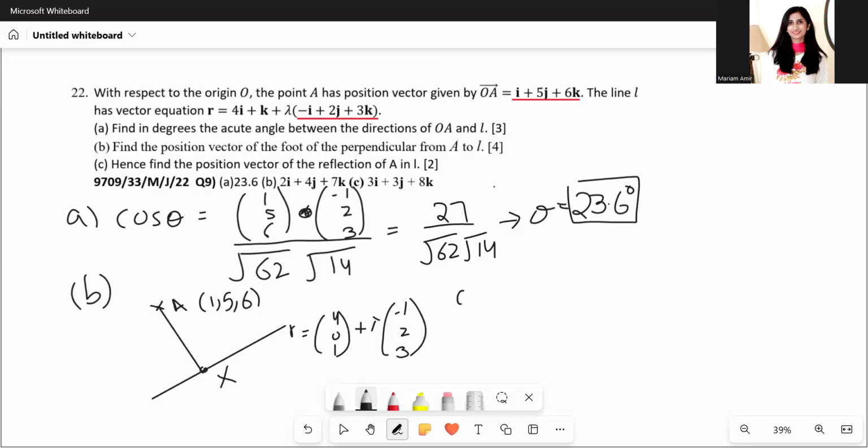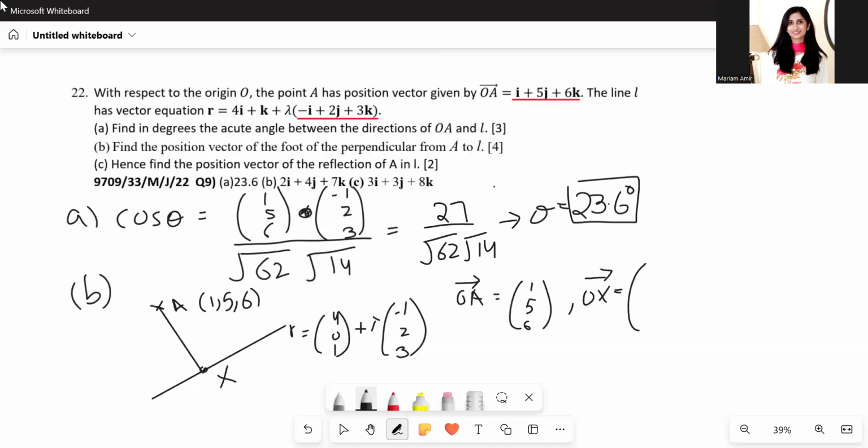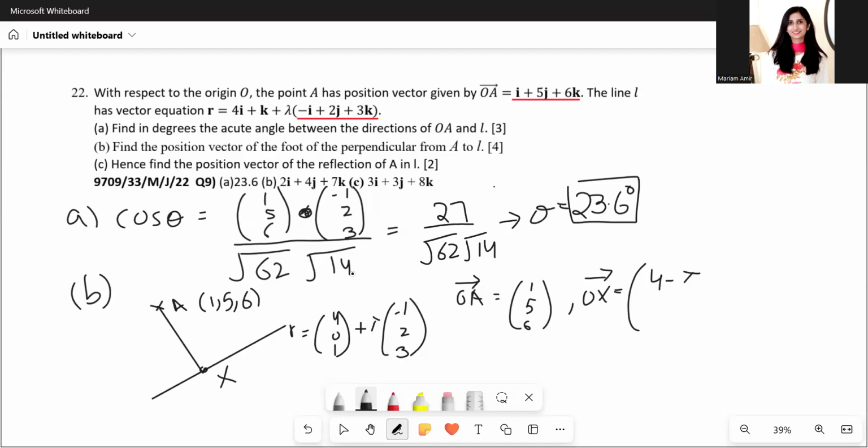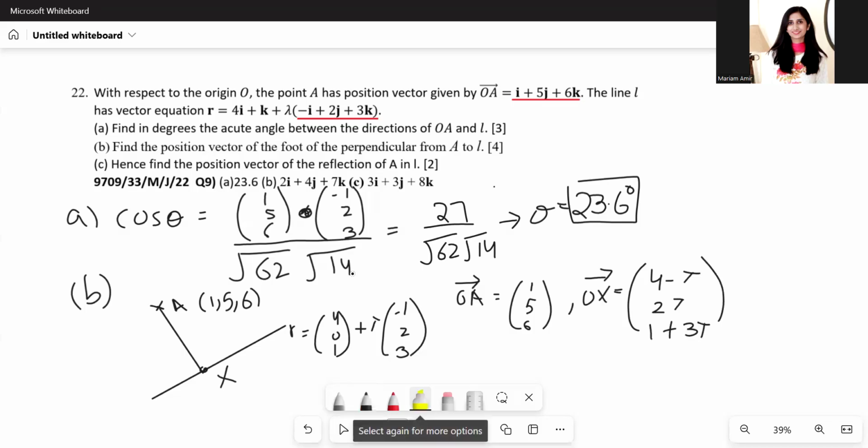All right, so what we do, we find the position vector of A, which is (1, 5, 6), then the position vector of OX, which is going to be (4 minus lambda, 2 lambda, and 1 plus 3 lambda), because the position vector of OX is going to be the same as this since X lies on this line.